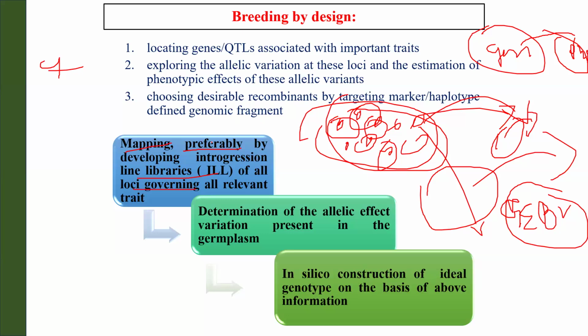Transgenic means you are bringing a single gene, but you are developing all the traits and all the alleles of the particular trait. For example, if one trait has different alleles, like color, you can first bring alleles of all the colors: red color allele, white color allele, black color allele. But in transgenic, what we will do?